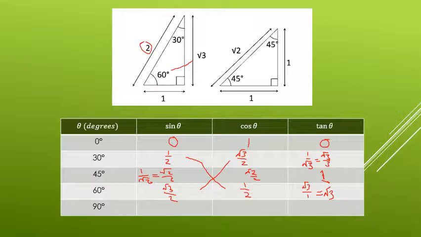So sine of 0 degrees is 0, but sine of 90 degrees is 1. And looking back over here, we can see that cos of 0 is 1, so we find cos of 90 degrees is 0. Tan of 90 degrees, so this is tan of theta up here, where theta is 90 degrees, actually doesn't have any answer, so we say it's undefined.